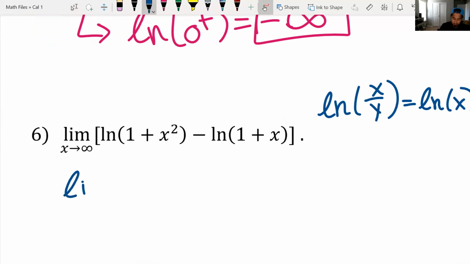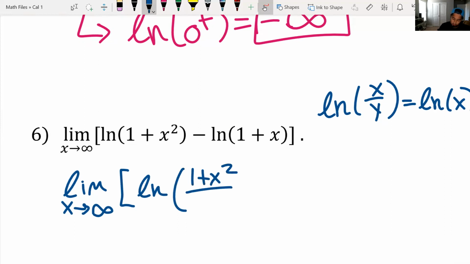This means we'll get the limit as x approaches infinity, keep those fancy brackets there, of the natural log of 1 plus x squared over 1 plus x. That's all we did. We wrote the difference back as a quotient because that is using log properties.